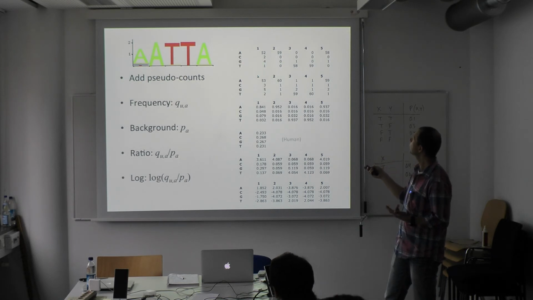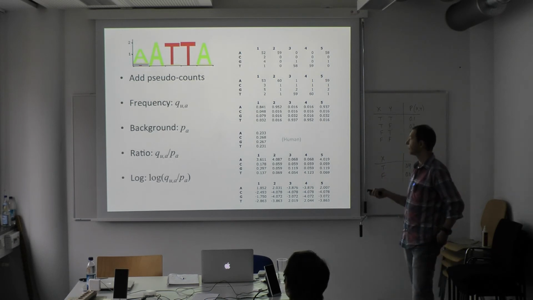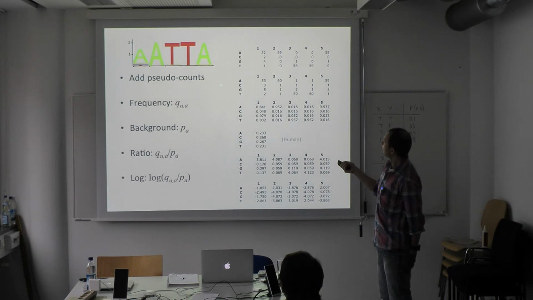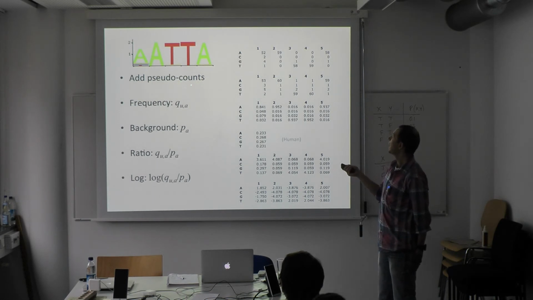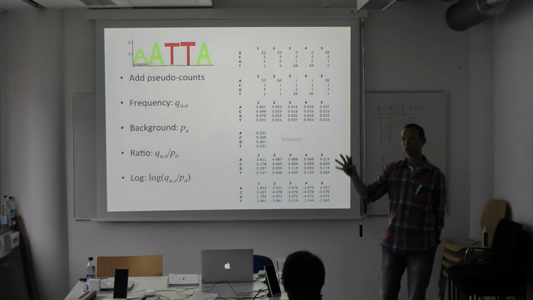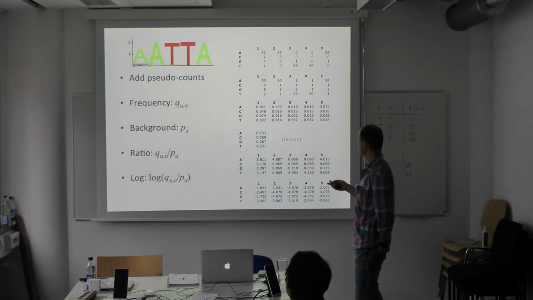And then the first step is usually, although not exclusively, to add so-called pseudo-counts. The only difference we see between these two matrices is that I've added 1 to all the cells in the matrix, or a constant value.